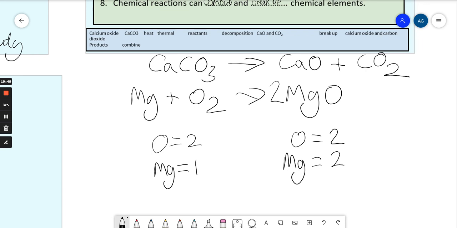To make this balanced, I have to add another coefficient in front of the Mg. Now, we have the same number of magnesiums and oxygens on both sides of the equation. So we now have a balanced equation.